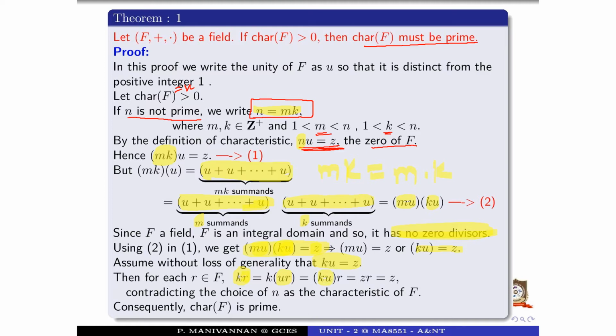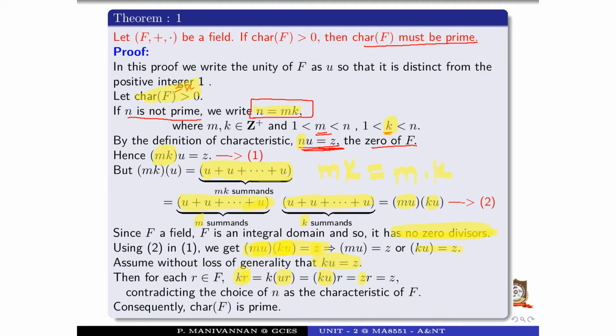Here ku equals z, so it is z times r equals z. This contradicts the choice of characteristic value of F being n, because here kr is 0, therefore the characteristic value will be k. Here k is less than n, so the least positive integer is k. It is a contradiction to the characteristic value of F being n.